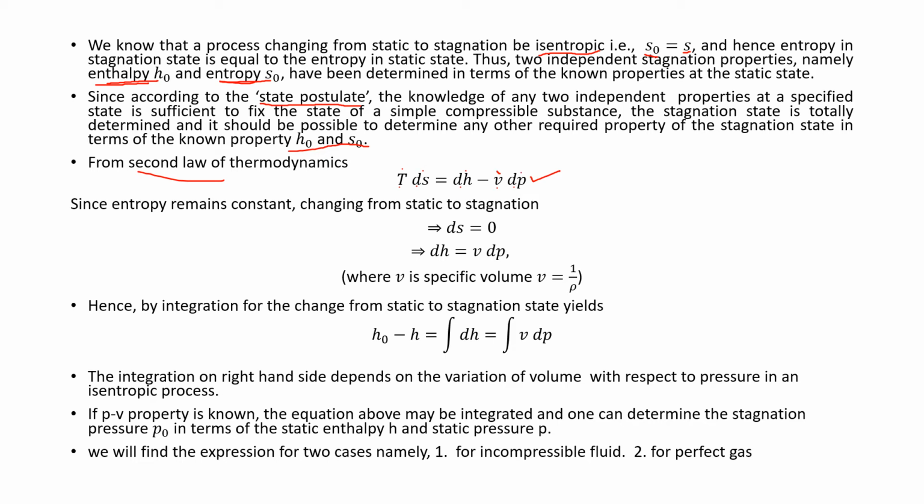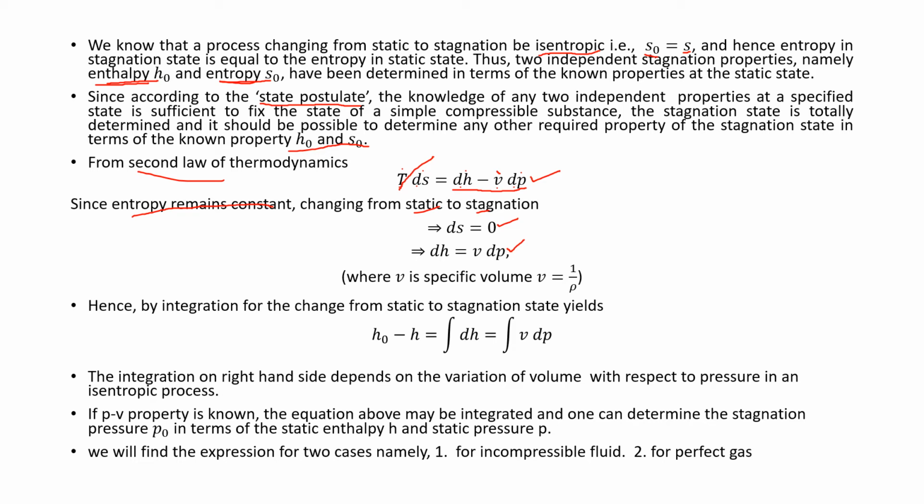Since entropy remains constant changing from static to stagnation, ds is equal to 0, so the whole left side is equal to 0. What remains is dH minus V dP, that is, dH is equal to V dP.